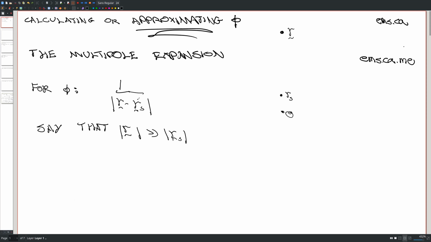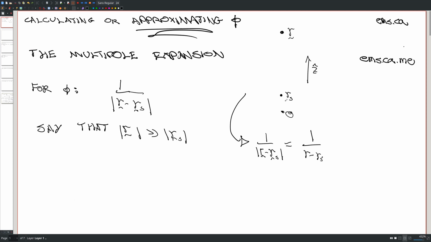And it's very tempting to look at this and try to do some Taylor series for this dependence here, right? So this is what we're going to do. Say that we've placed the things in this direction, so let that be the z-axis. For this particular situation, if I have 1 over r minus r source, then let me write this as 1 over r minus r source.